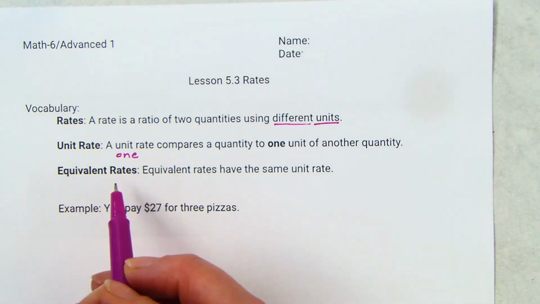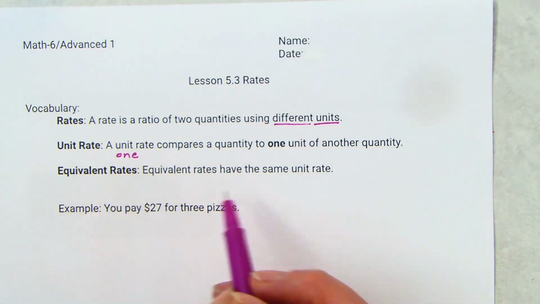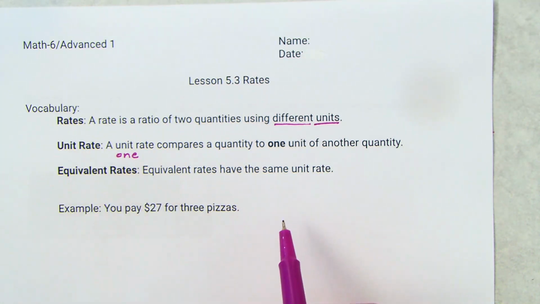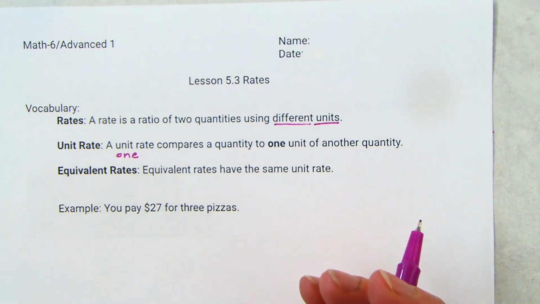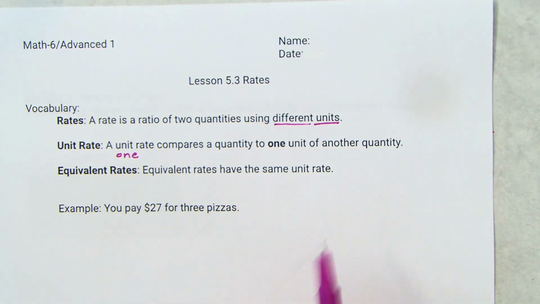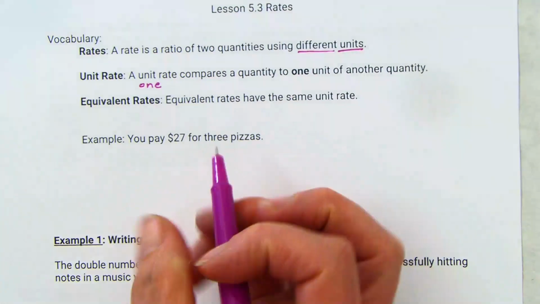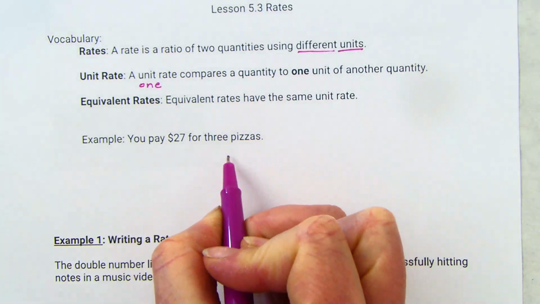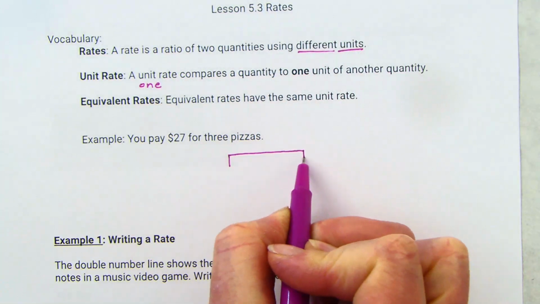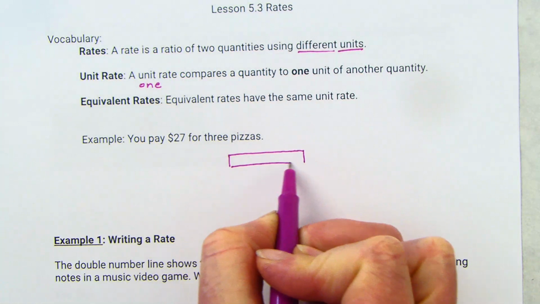And then equivalent rates are like equivalent ratios. They have the same unit rate. So your 2 boxes of cereal might end up costing the same because they have the same unit rate. So for example, if you have $27 for 3 pizzas, I'm just going to sketch some pizza here.